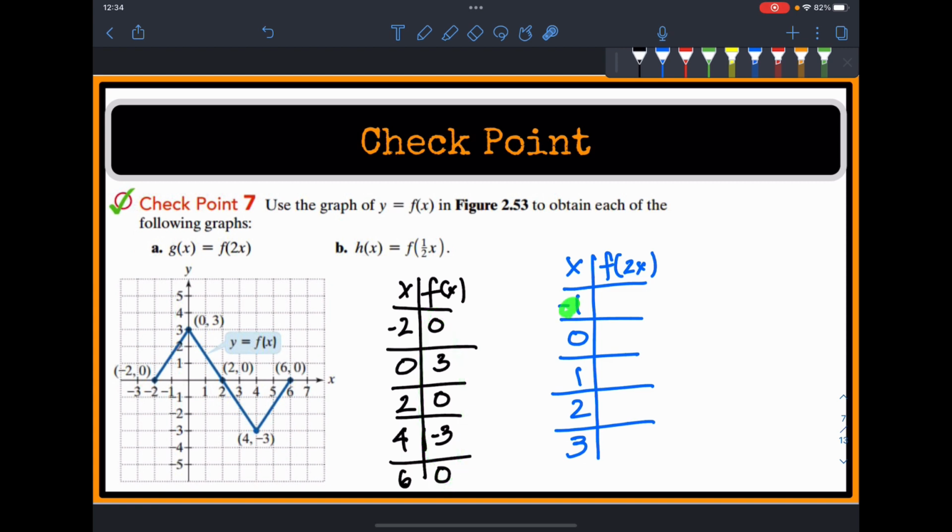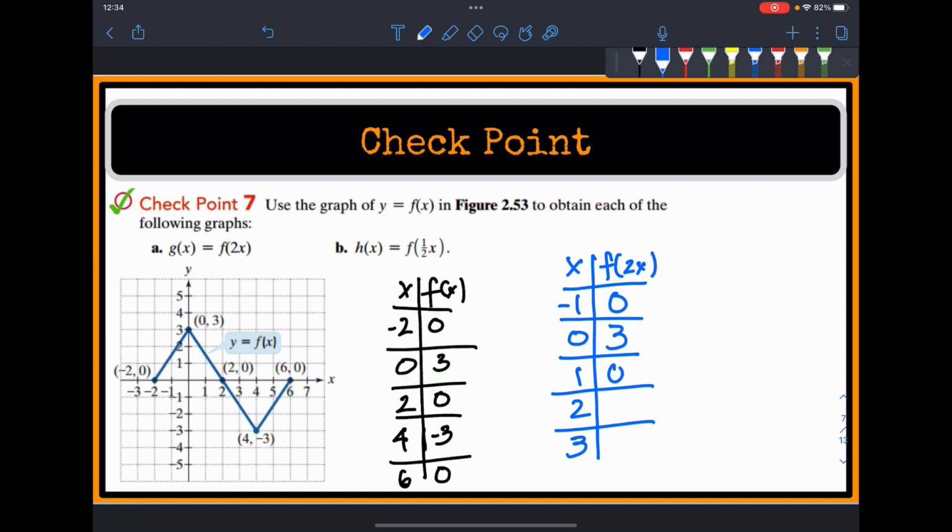Look, -1 times 2 is -2. And since this is the original function, we know that -2 gives me an output of 0. So this is also going to give me an output of 0. When I plug in 0 times 2, that's 0. And I know again from the original function, an input value of 0 gives me an output of 3. So this is also going to give me 3.